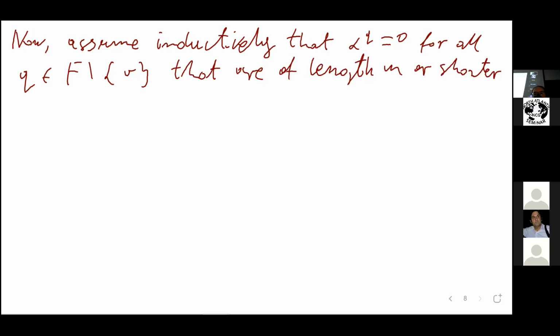Now I assume inductively that indeed all these coefficients vanish if q is a loop of length m or shorter. And now I want to prove that alpha q must be 0 for all q's that are of length m plus 1 or shorter. So this is the induction step.